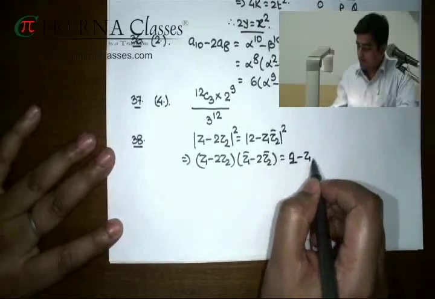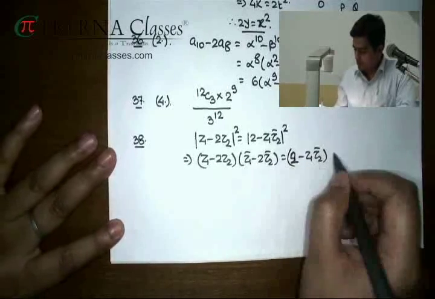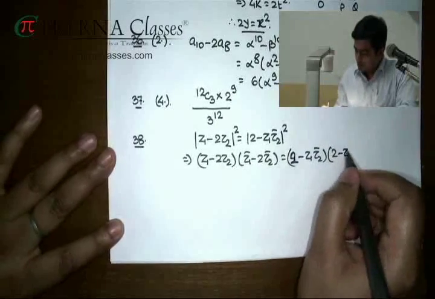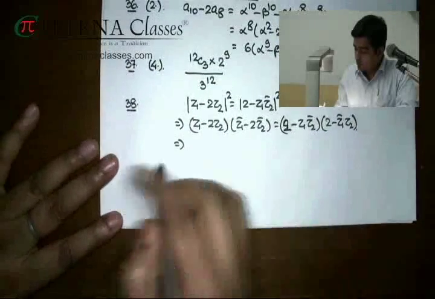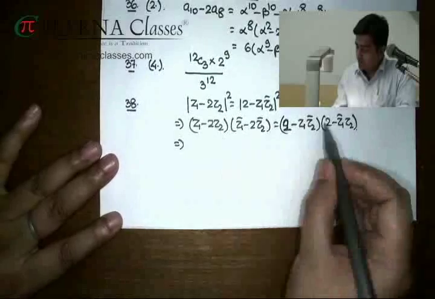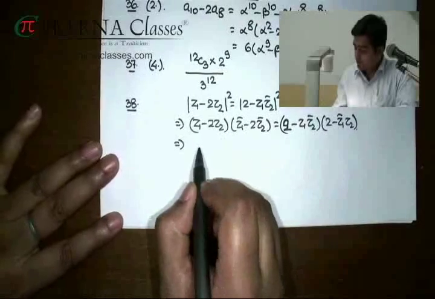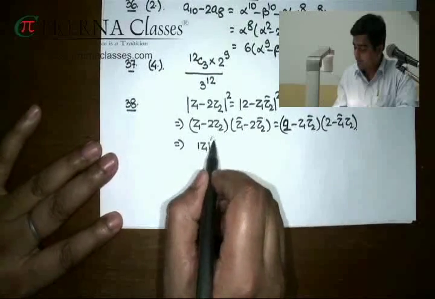After simplifying this setup, you can check that a whole lot of terms are going to cancel off. You are going to be left with mod z1 square plus 4 mod of z2 square, and similarly on the right side you are going to have this expression.